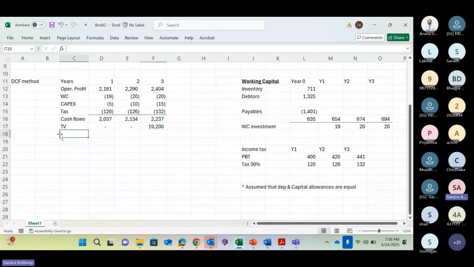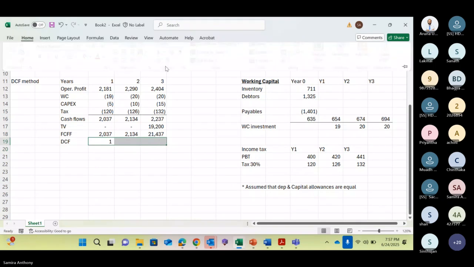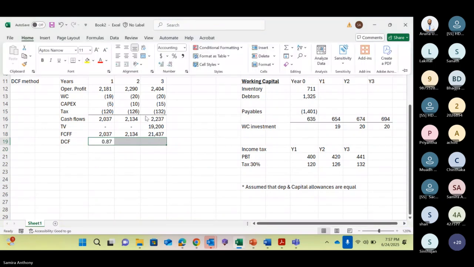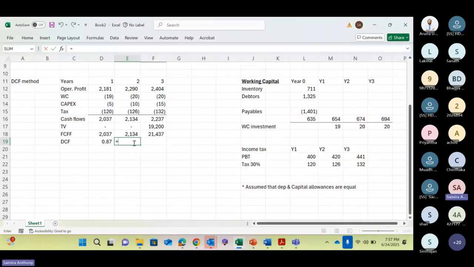Now you can take free cash flows to firm. Then discounting factor, 1 divided by 1.15, like this.